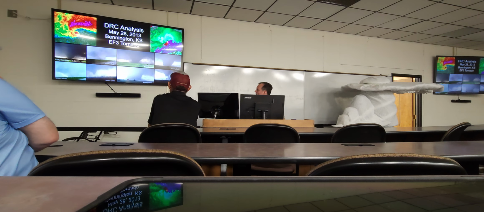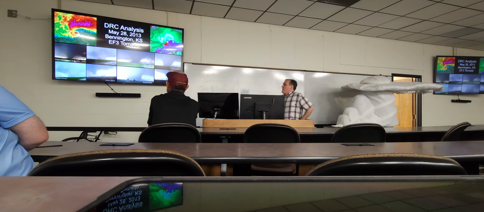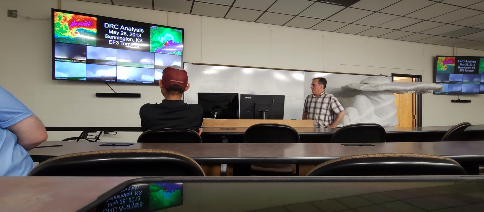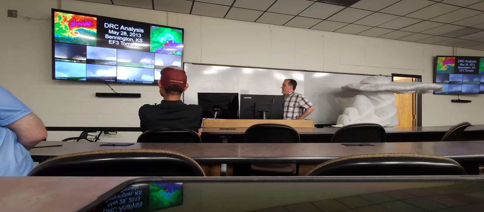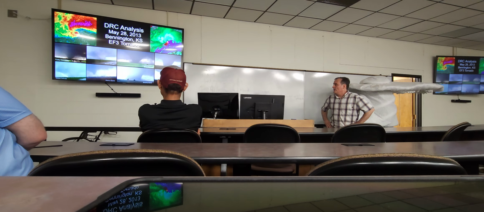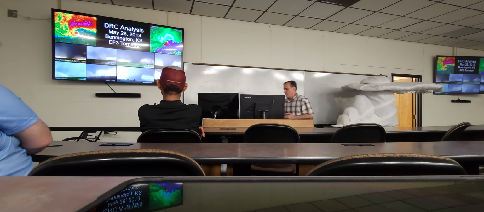So now we're going to take a look at the Bennington, Kansas storm. Why was the Bennington, Kansas EF3 such a good storm to observe? Primarily because it remained stationary. Also, it had a lot of precipitation streamers. It had some dust. There's just a lot in the air that can show you all the air motions that were occurring.